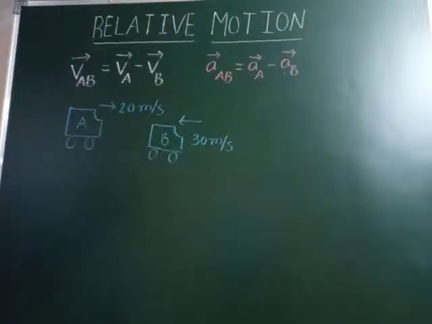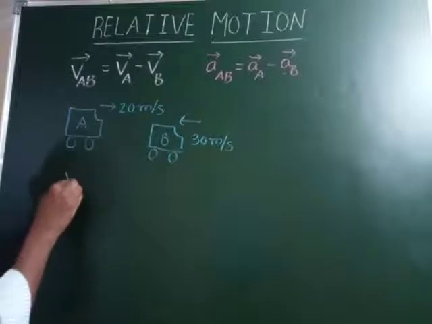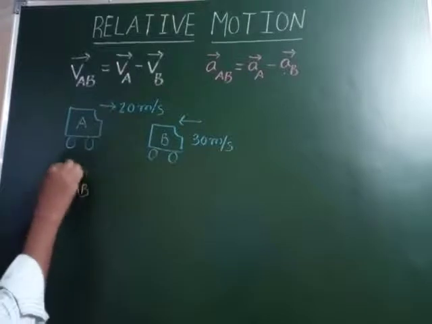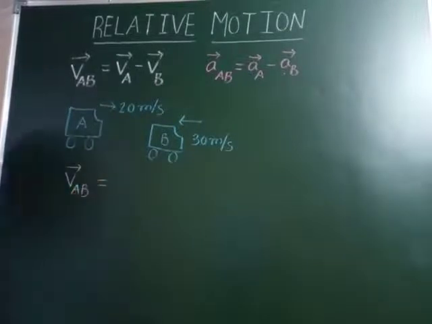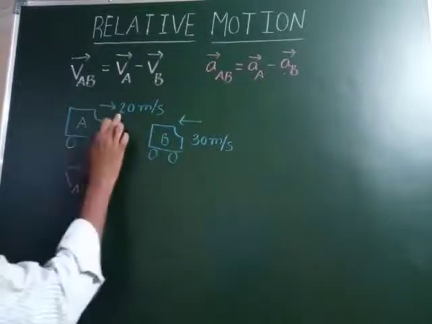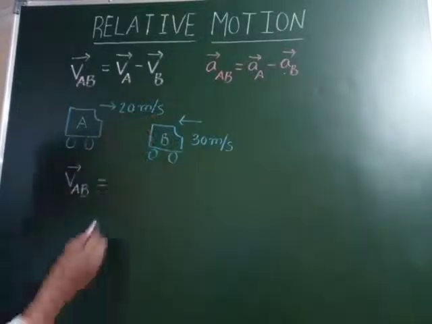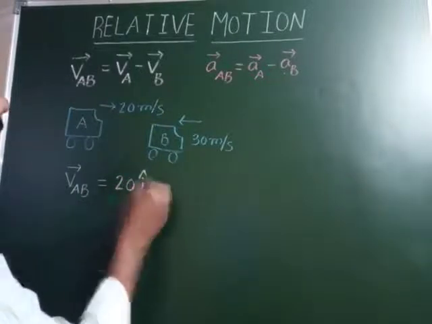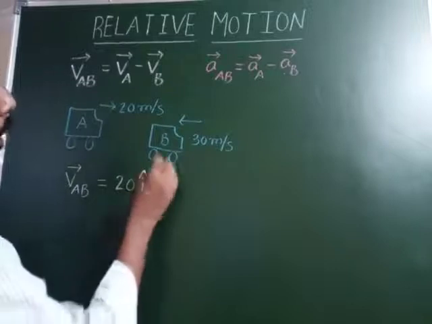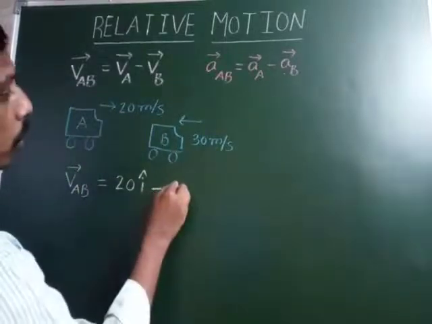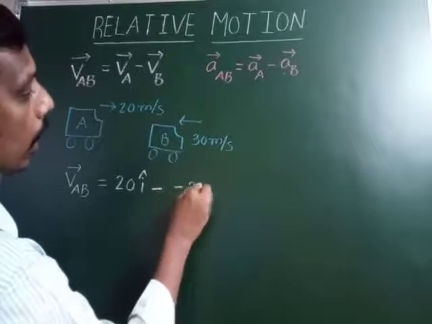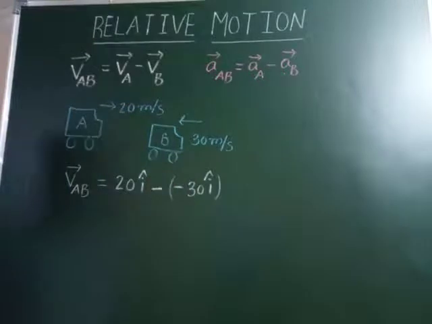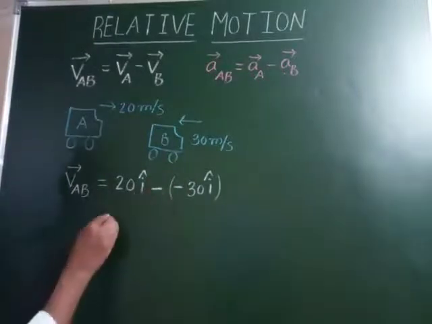In this case, velocity of A with respect to B is equal to velocity of A minus velocity of B. Velocity of A is 20, traveling towards east, that's why 20 i cap, minus, but car B is moving towards west. So take it as minus 30 i cap, opposite direction to east. Minus into minus becomes plus.